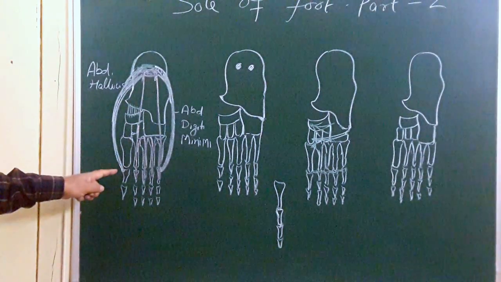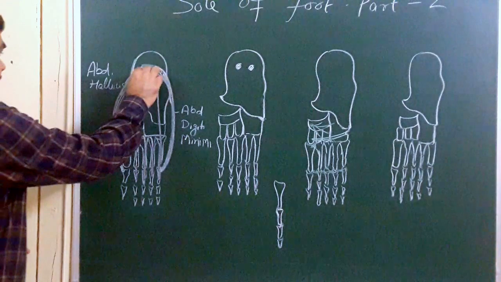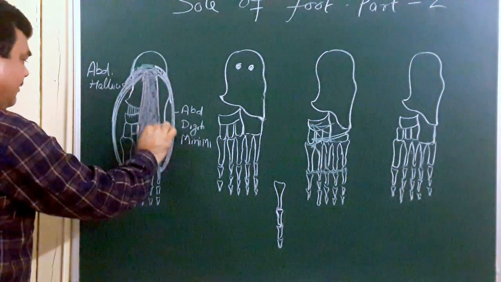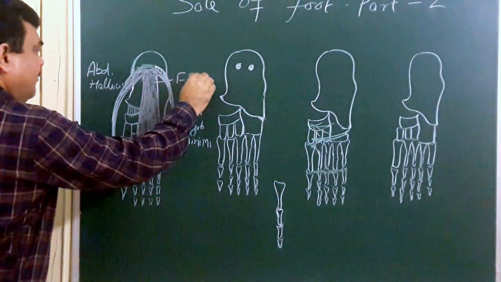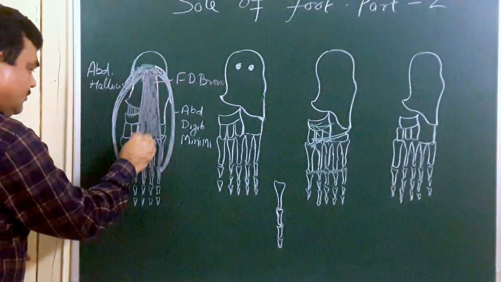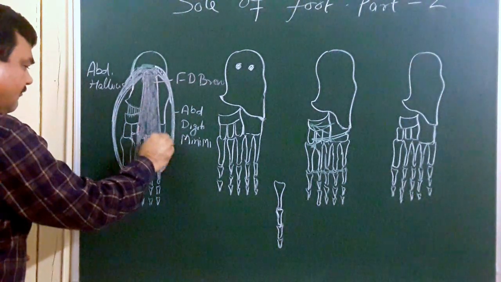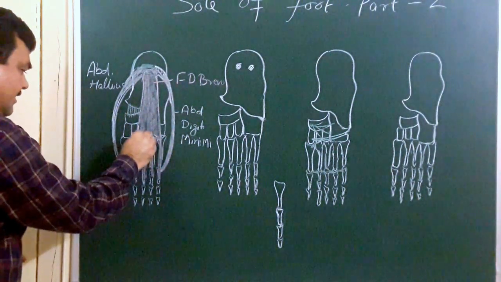This muscle is flexor digitorum brevis. So it takes origin from here. This muscle is flexor digitorum brevis. It has 4 tendons for the 4 lateral toes. So these are the 4 tendons.